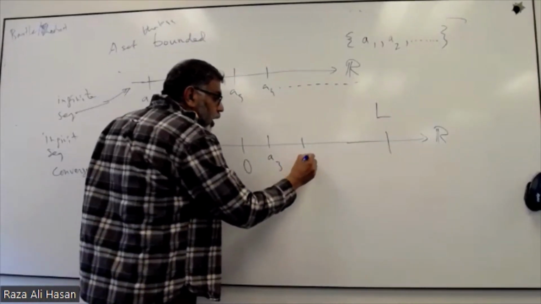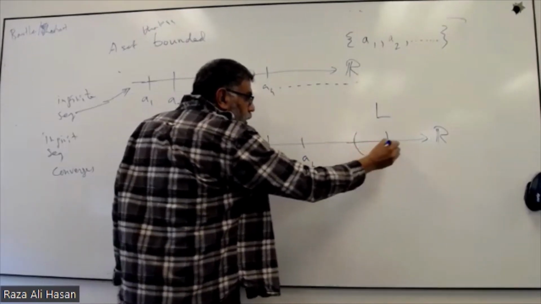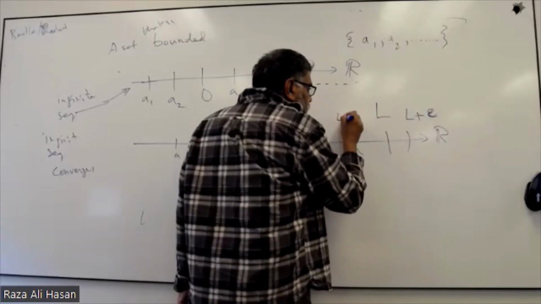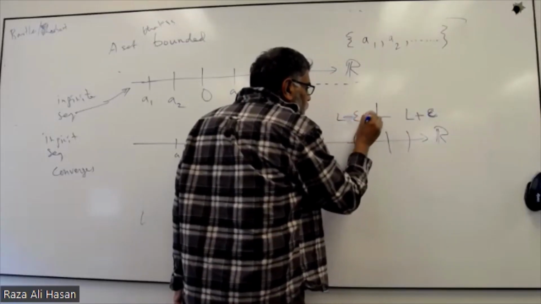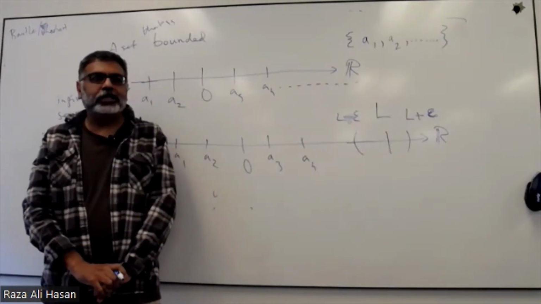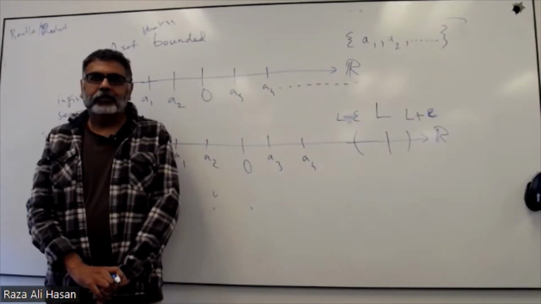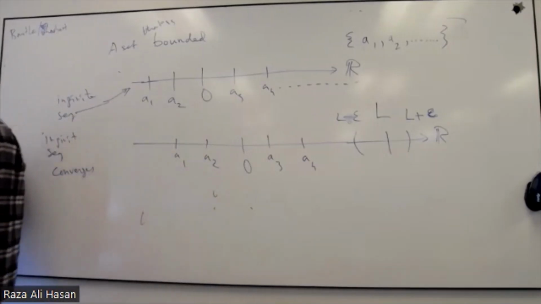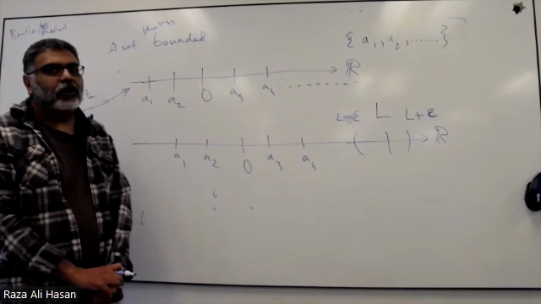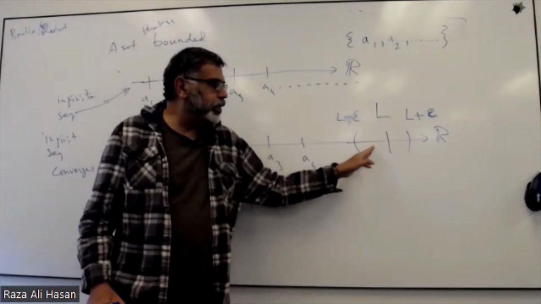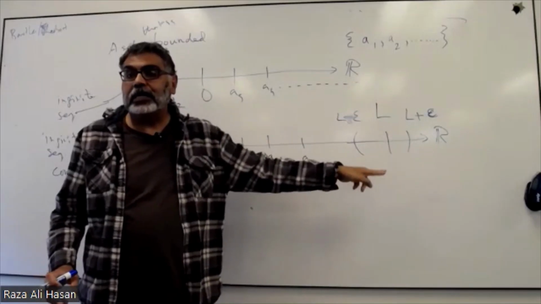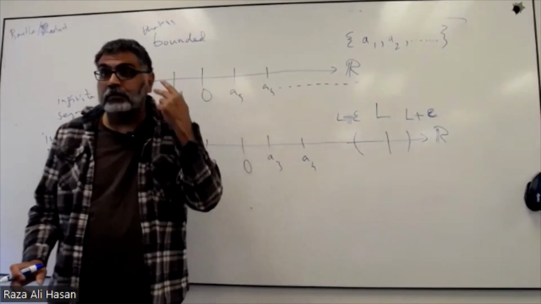So A4, and then all the terms better fall within epsilon distance of L. So which index number do we use to represent the term after which all the terms only fall within epsilon distance of the limit, which might be an element, a term of the sequence, or might not be?